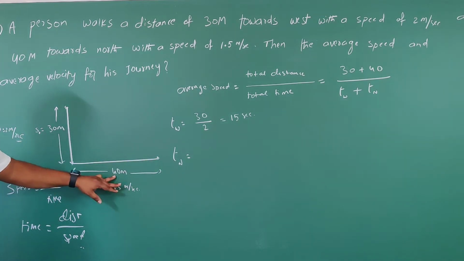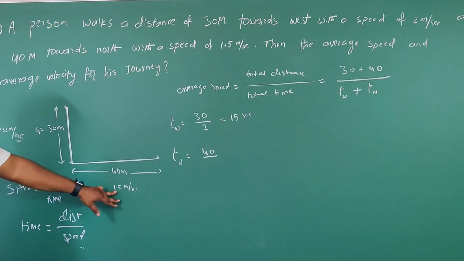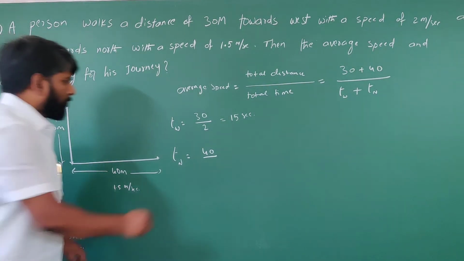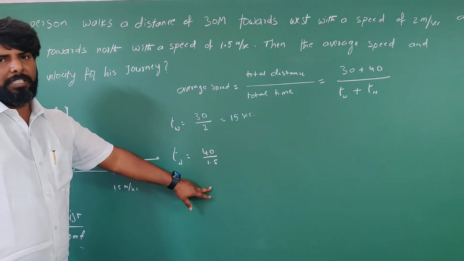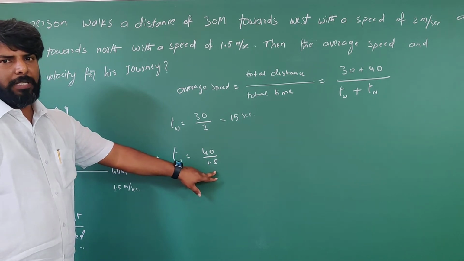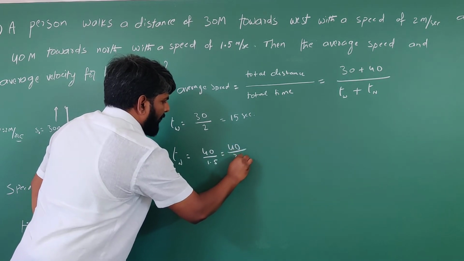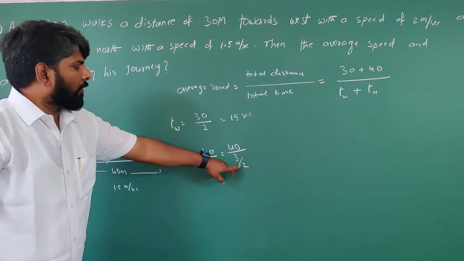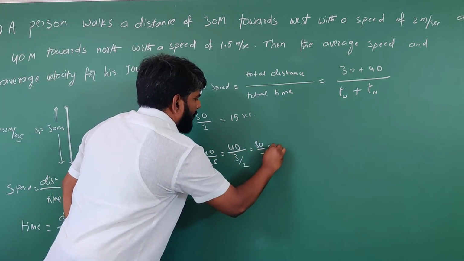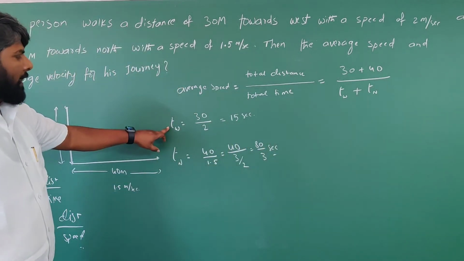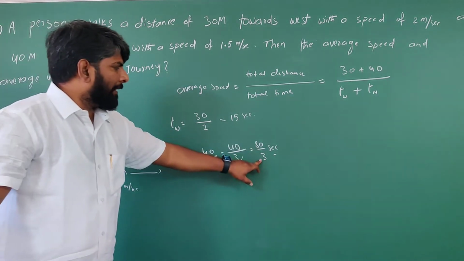The distance is 40, and the speed is 1.5 meters per second, which we can write as 3 by 2. So 40 by 3 by 2, the 2 goes up, 2 into 40 is 80, which is 80 by 3 seconds. So time along west is 15 seconds and time along north is 80 by 3 seconds.